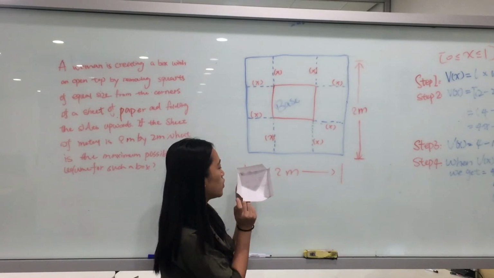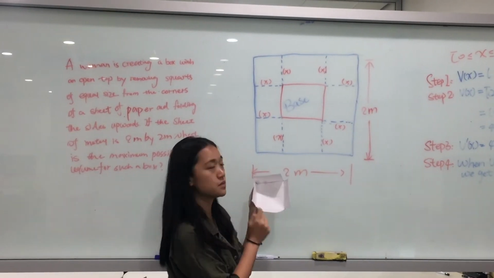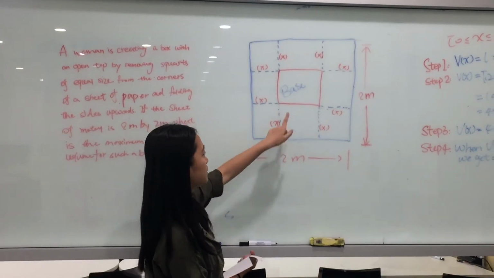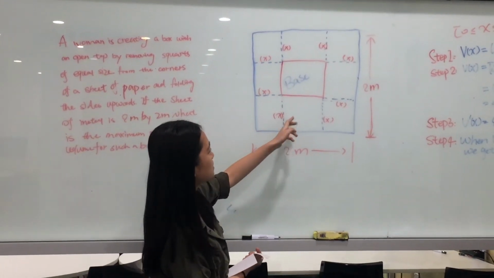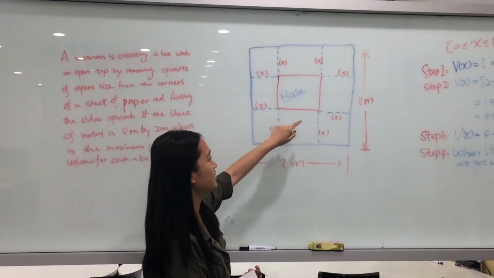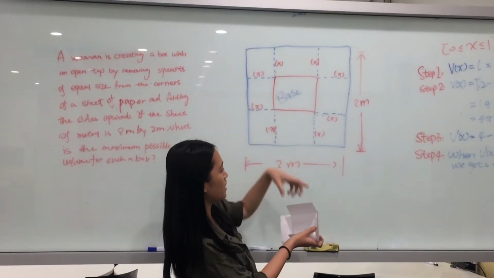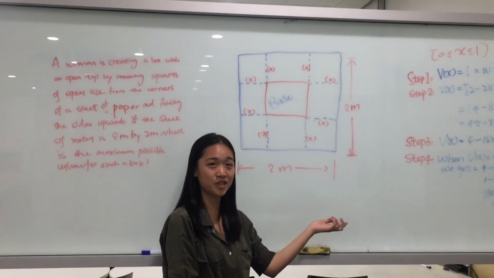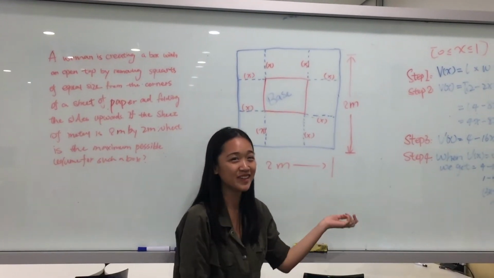We want to find the maximum volume of this open box, and we take the side of the cut square as x, and this is the base. Then we will hand over to Abhi to do the calculations.